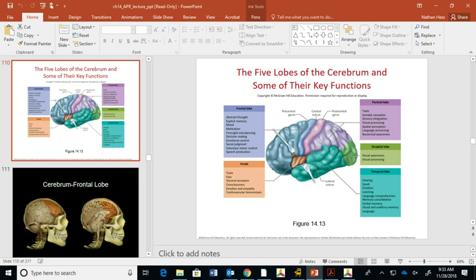Does that make sense? We've seen, how many of you did the book on Phineas Gage back in your 8th grade year, right? Phineas Gage, if you remember this story, was a gentleman who was working on the railroads, right?